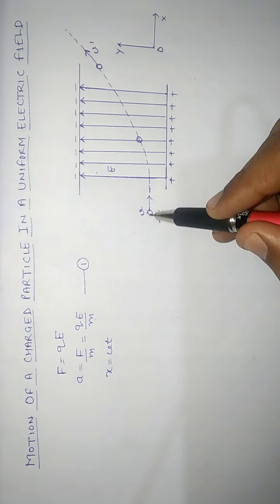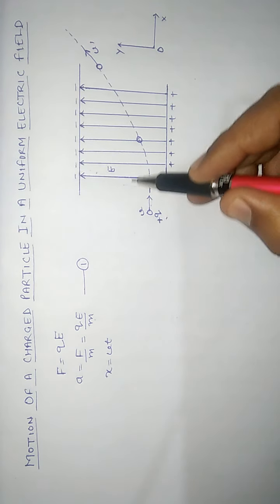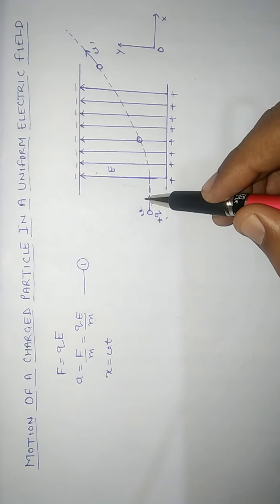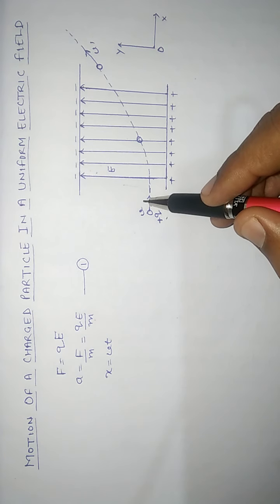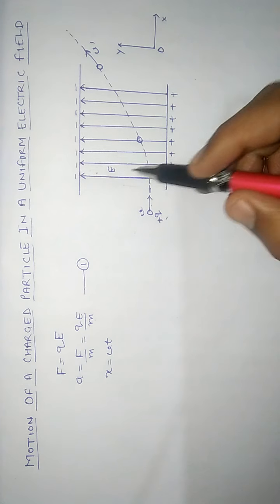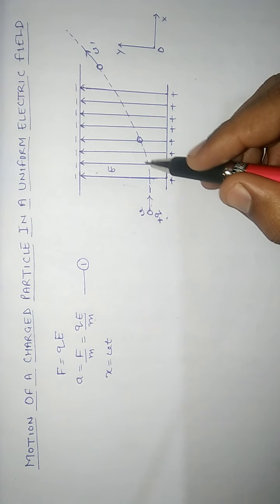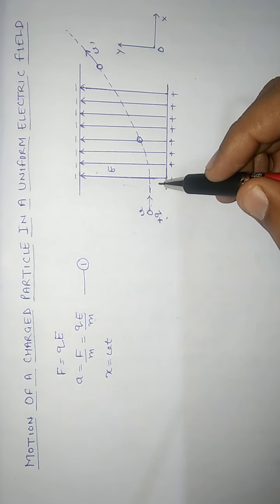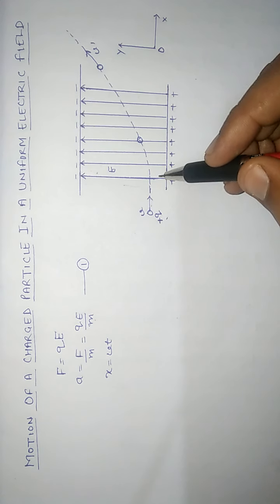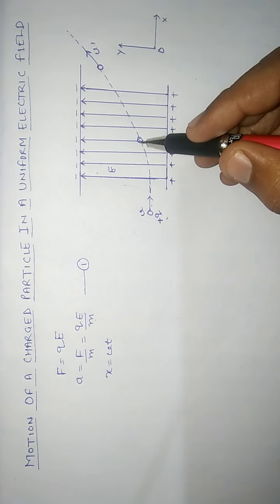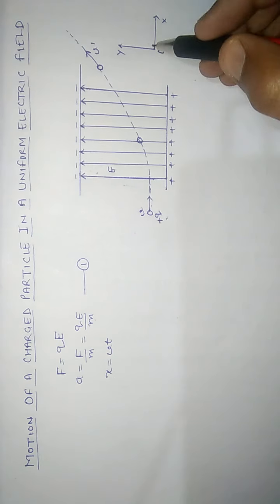The initial velocity of the charged particle along the y direction is 0, but along this direction the charged particle has acceleration, so the velocity of the charged particle continues to increase along the y-axis.